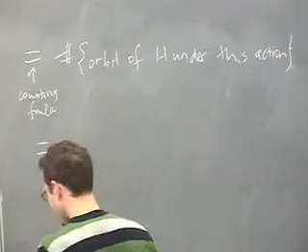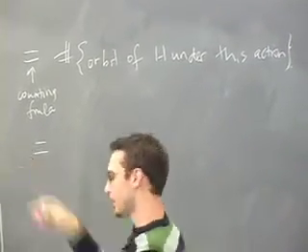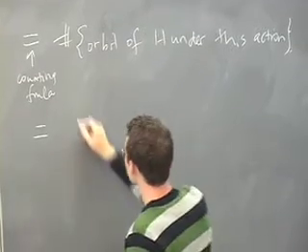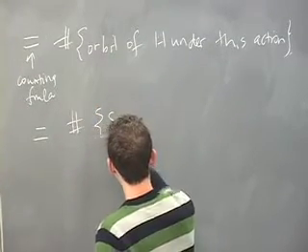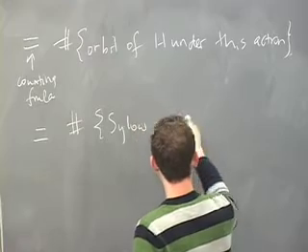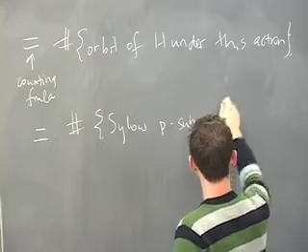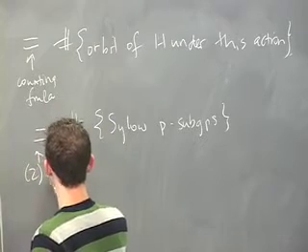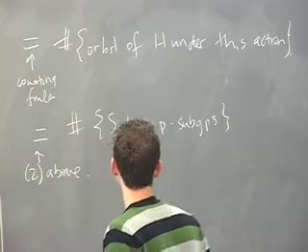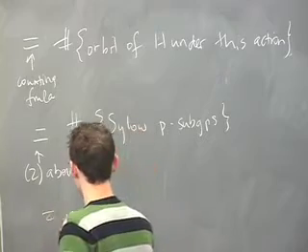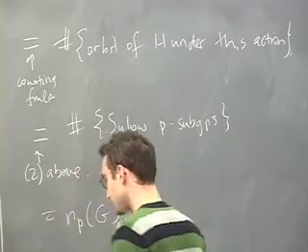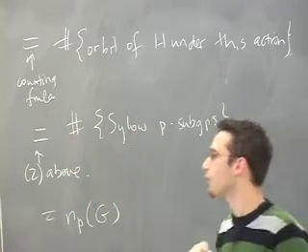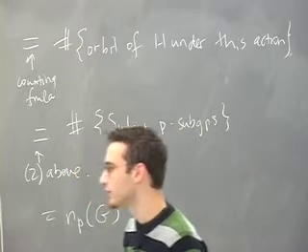And then, because of 2 over here, this is the same as the number of Sylow p subgroups, which is just by definition n_p(G). So this is also a very useful formula, and we're going to leverage it in some of what we do today.